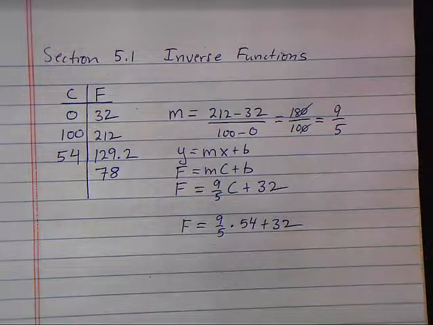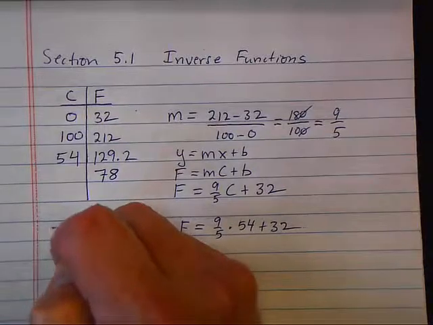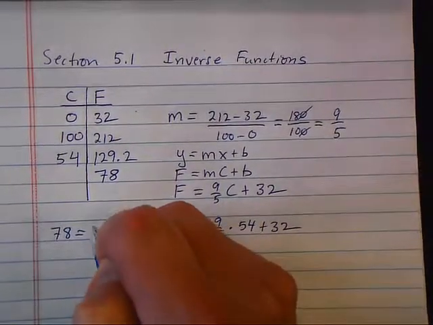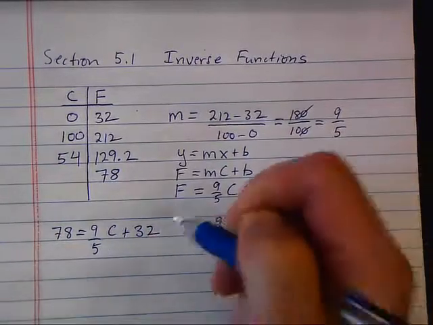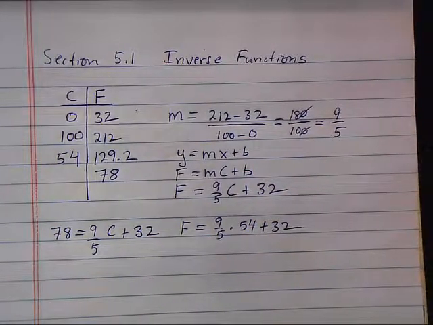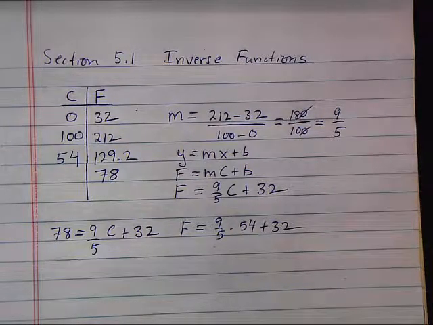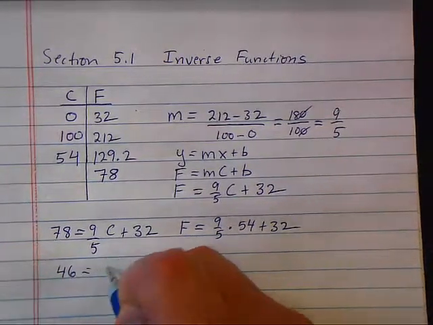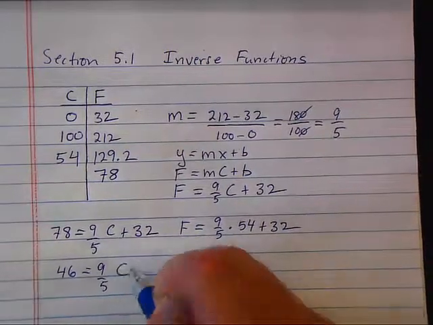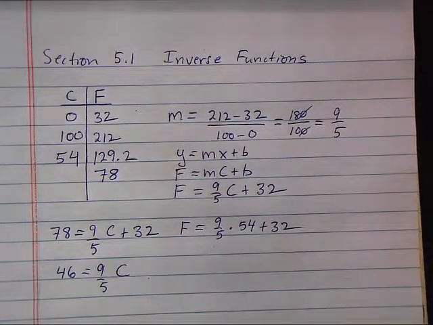Well, we just plug it in, right? So we would have 78 equals 9/5 C plus 32. And how would you solve that equation? Solve for C. So you begin by subtract 32. 78 minus 32 is 46 equals 9/5 C. And then how do you get the C all by itself?